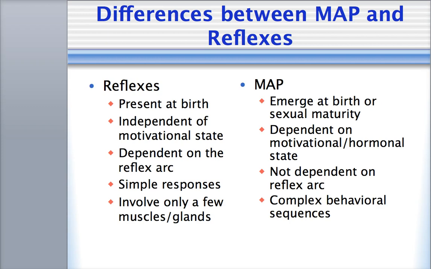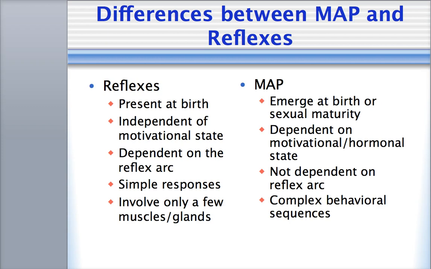Reflexes are dependent on the reflex arc, and remember, they don't require any cerebral involvement, they just happen. That's not true for modal action patterns. They're such complex sequences of behavior that a single neuron at the level of the spine is not sufficient to manage all of that behavior. And so it does require cerebral involvement, and it involves lots of neurons, not just three.